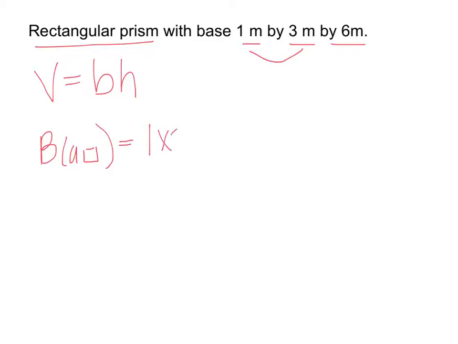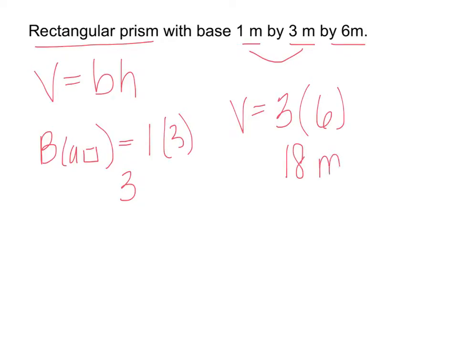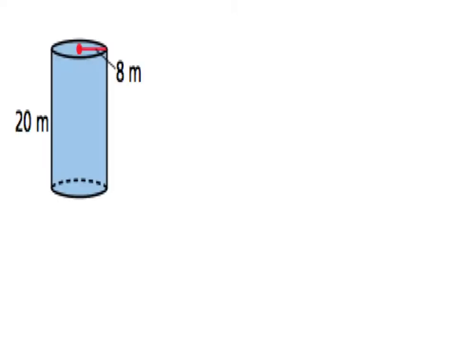So 1 times 3 is 3. Now to find volume, I can do 3 because that's my base, times my height, which is 6. I get 18, and then I need to include meters cubed.